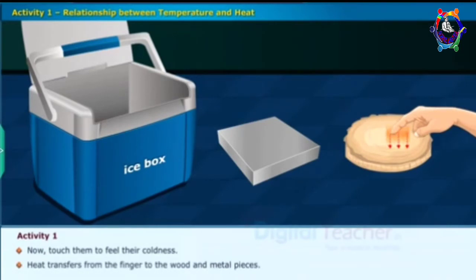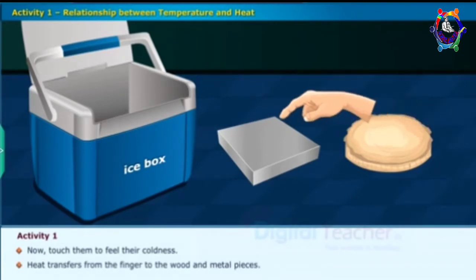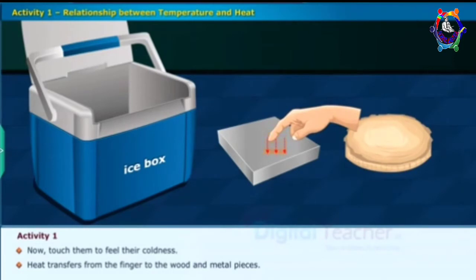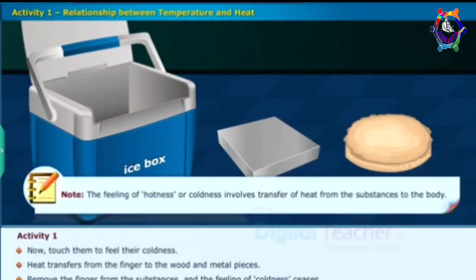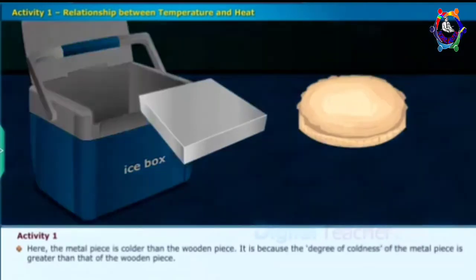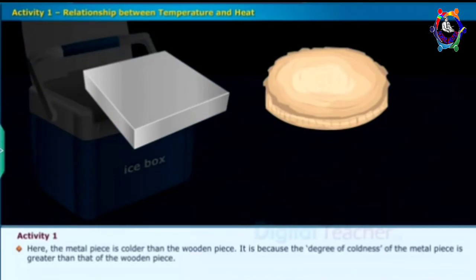Heat transfers from the fingers to the wood and metal pieces. Remove the fingers from the substances and the feeling of coldness ceases. The feeling of hotness or coldness involves transfer of heat between the substances and the body. Here, the metal piece is colder than the wooden piece.